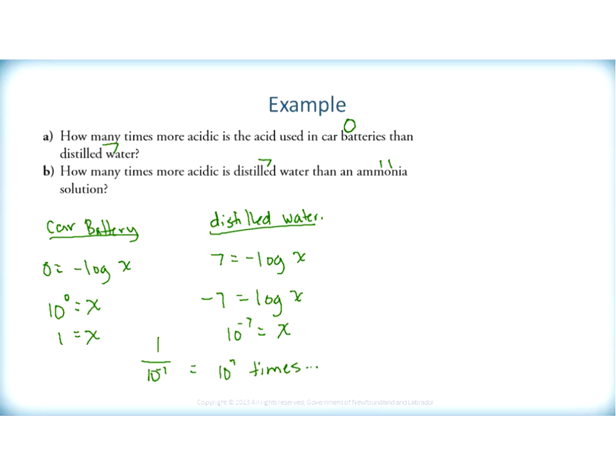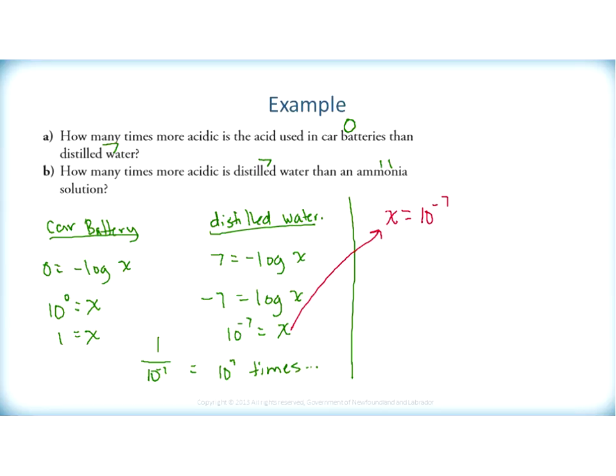If we look at how many times more acidic distilled water is than ammonia, we know distilled water x is going to equal 10 to the negative 7 from right here.